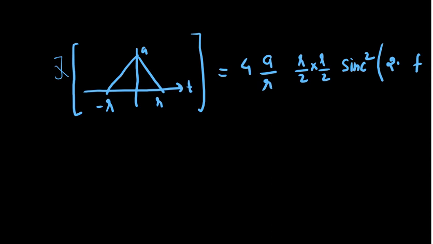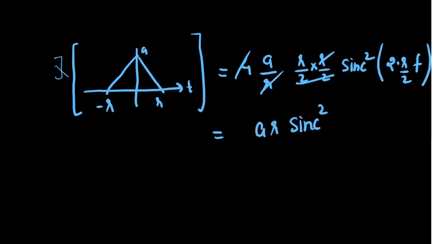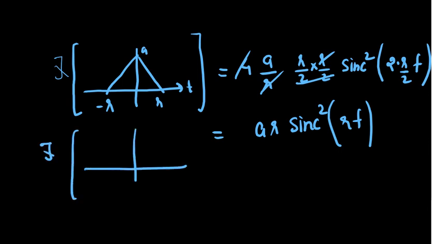So you will get AR sinc squared of Rf. So the Fourier transform of this type of triangular pulse can be evaluated using the concept developed here, and this is the sinc squared function.